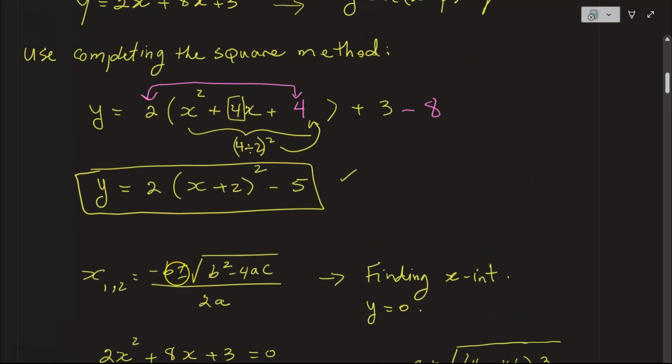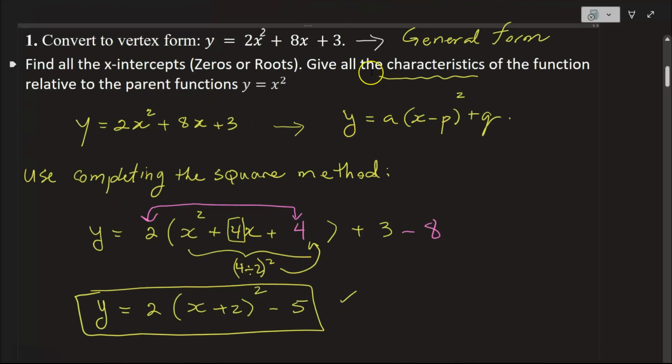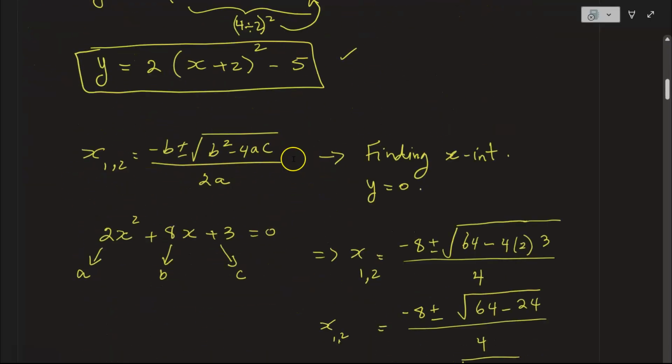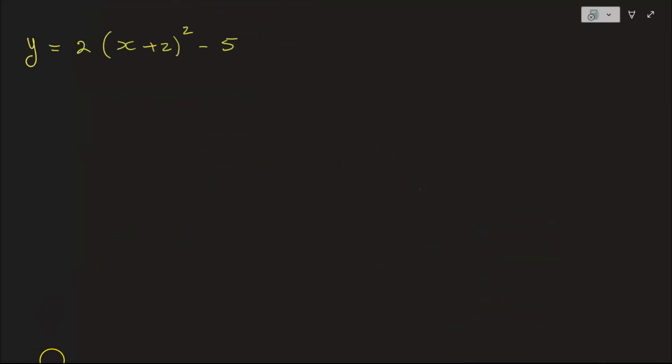Now the last piece, it says give all the characteristics of the function relative to the parent function. So we have to look at this vertex form and then write up all the information about this function. Okay, let's do that. The number first is 2. This is your vertical expansion by a factor of 2.